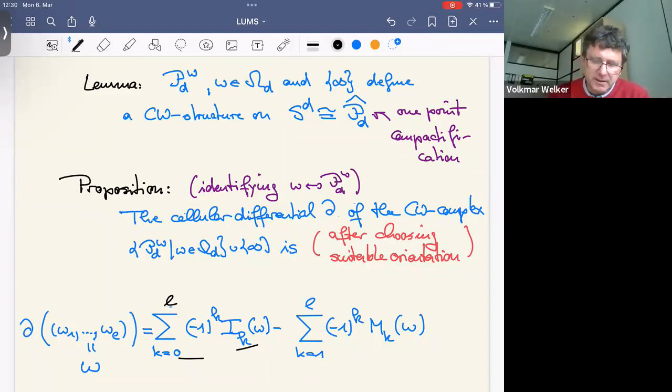And again, these insertions and merges lead you to root multiplicities, but again, we identify them with cells. So you have a very nice combinatorial differential for your cellular chain complex. And this is the key to what we prove later.